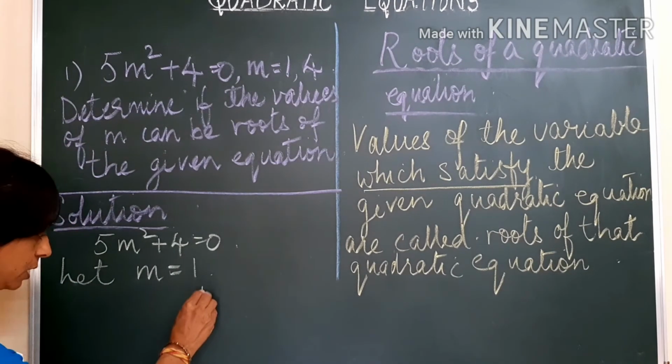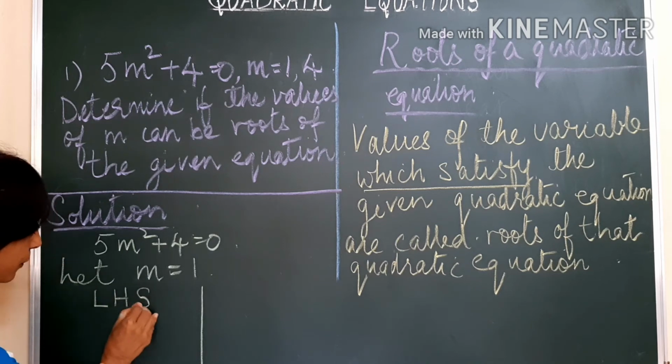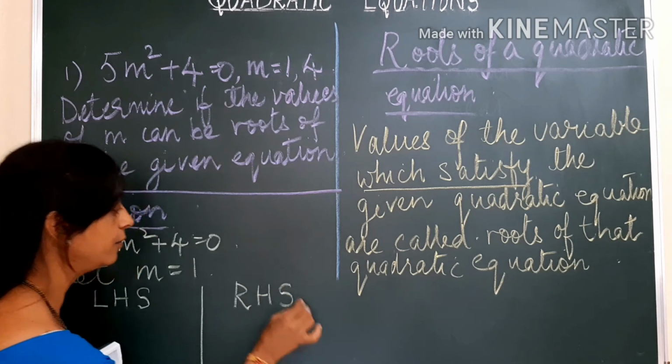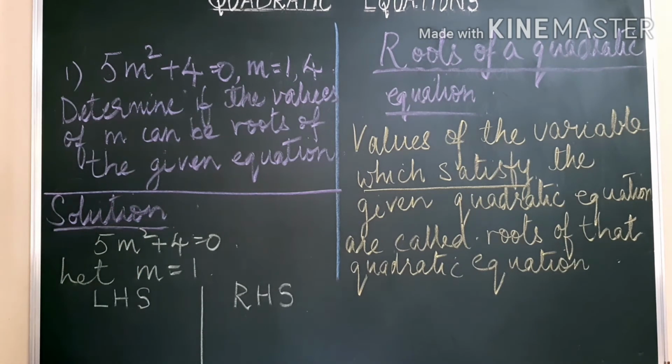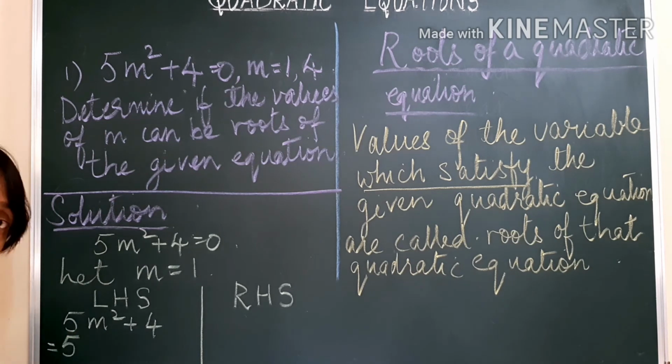I'll divide the board. This is my left hand side of the quadratic equation. This I will term as the right hand side. On the left hand side, what do I have? I have the expression 5m square plus 4. Let's solve it and get the answer. Over here, 5, when there is no operation, it is taken as multiplication.